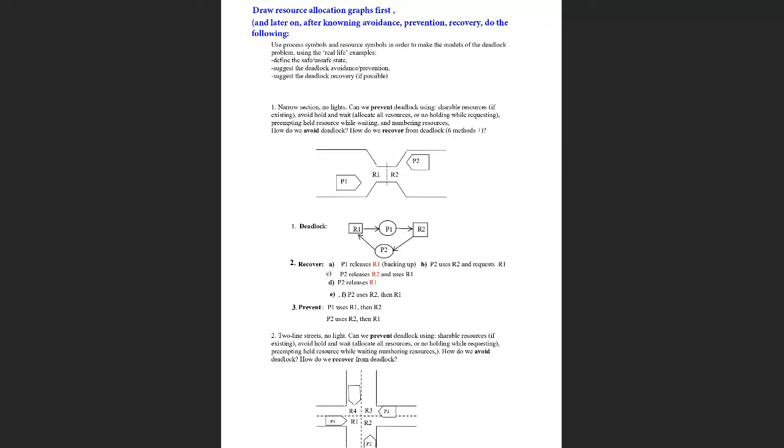How to recover? Well, one possibility is that P1 releases R1. Okay, so this arrow from R1 to P1 disappears, and this is the beginning of the solution of the problem. If you want to prevent it, we have to allow process P1 to use R1 and then R2.